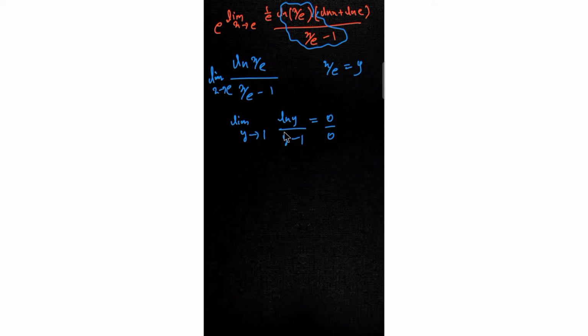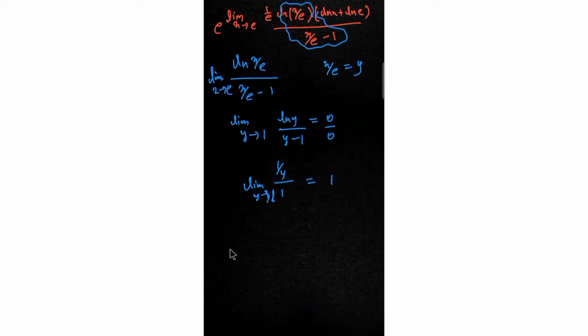So I differentiate both sides: I get 1 by y divided by 1, so finally 1 by y. Limit y tends to 1 of 1 by y is basically 1, because you just need to put y as 1.